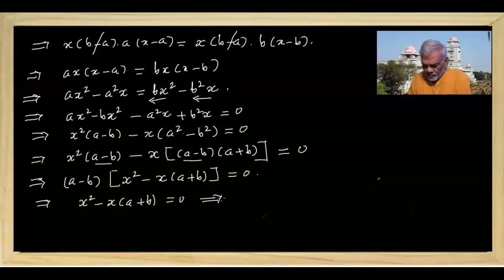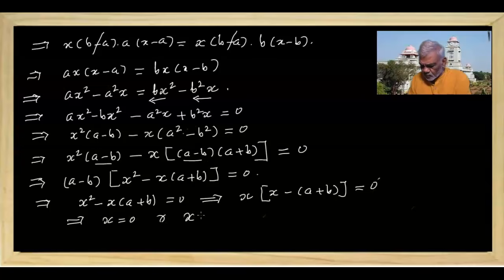That is x into (x minus (a plus b)) is equal to 0. This gives us x is equal to 0 or x is equal to a plus b. This is the solution for the equation.